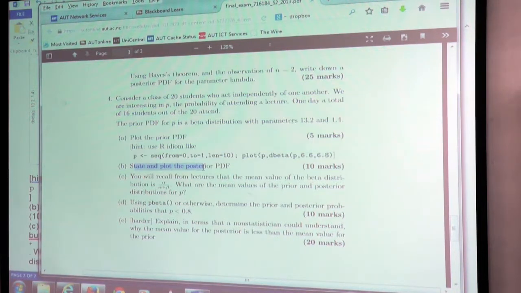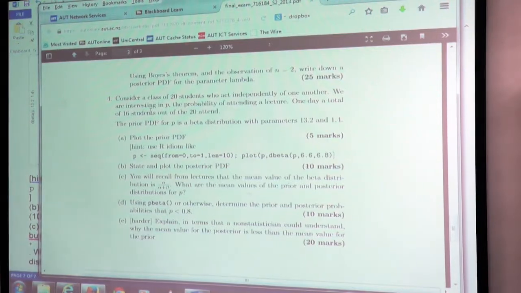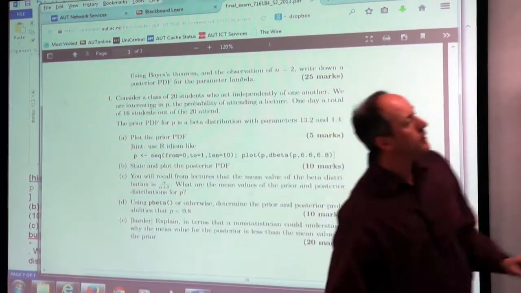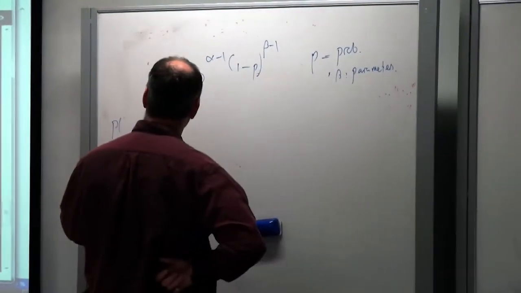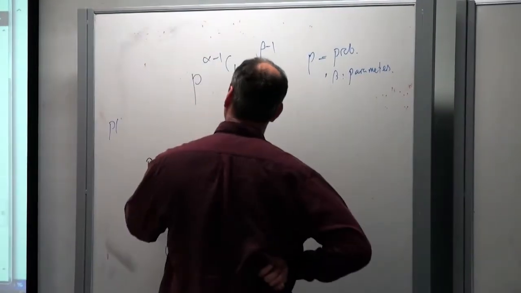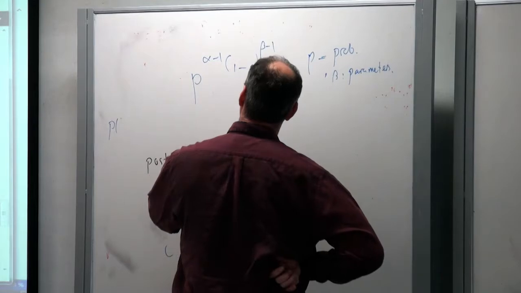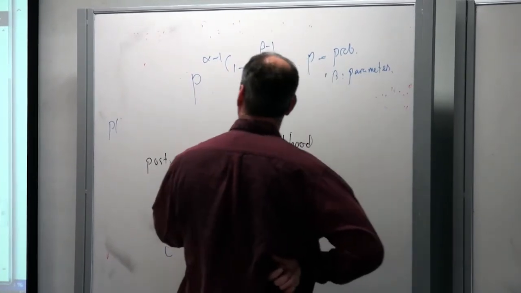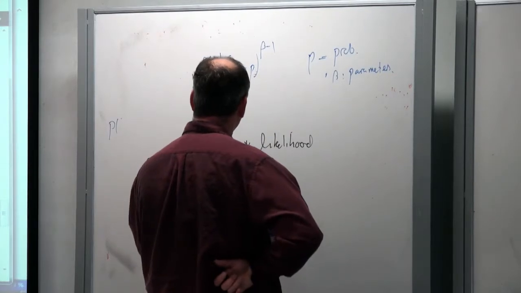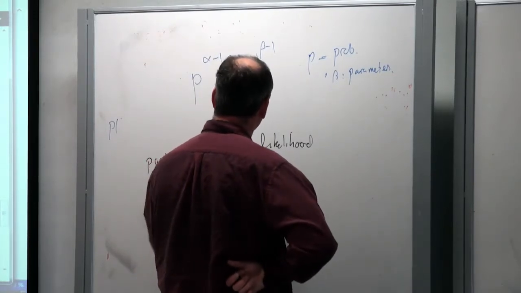State and plot the posterior PDF. One day a total of 16 students out of the 20 attend. You'll remember, again it's the same line of logic, that the posterior is proportional to the prior times the likelihood. The prior here is P to the alpha minus 1, times 1 minus P to the beta minus 1.